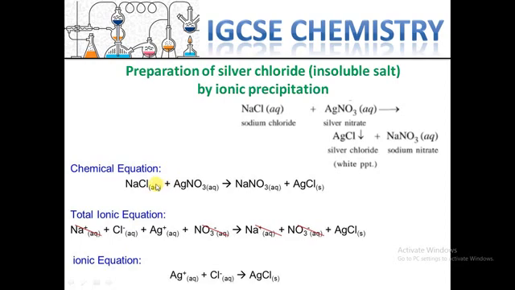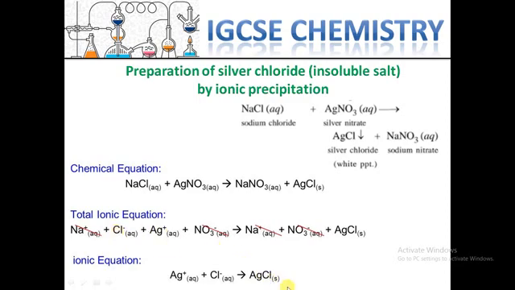If you convert the molecular structure to ionic structure, it will be like this: a sodium cation and a chloride anion, which we learned before in previous chapters. Then you need to compare which ions are involved in the final product, which is the insoluble salt, silver chloride, AgCl, with S meaning a solid precipitate.